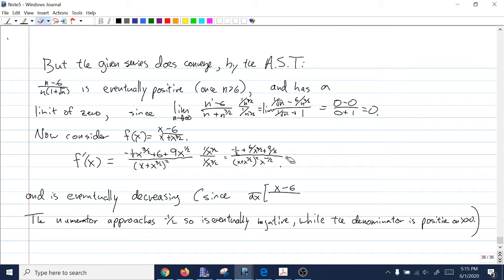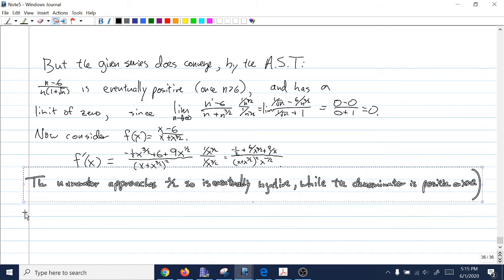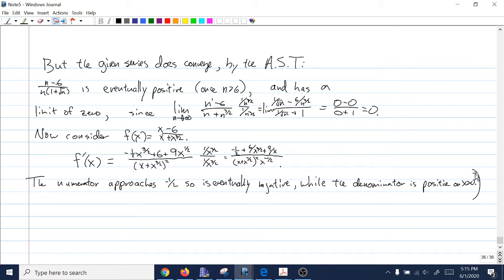Okay, the derivative is this. The numerator approaches negative 1 half, so is eventually negative, while the denominator is positive on x greater than 0. This means... eraser, that's what I'm looking for.